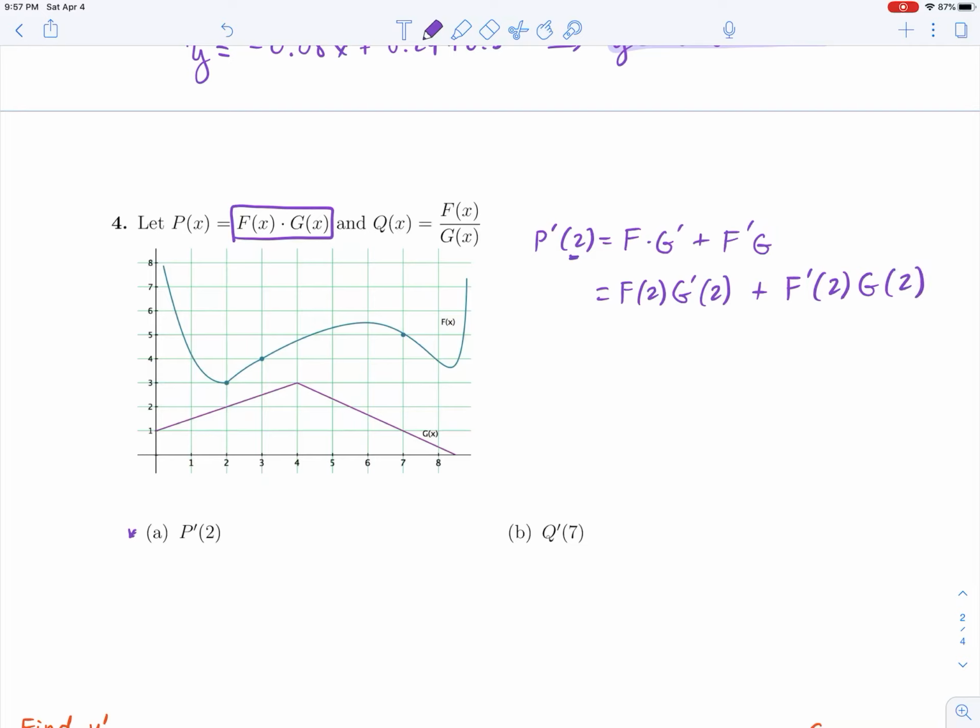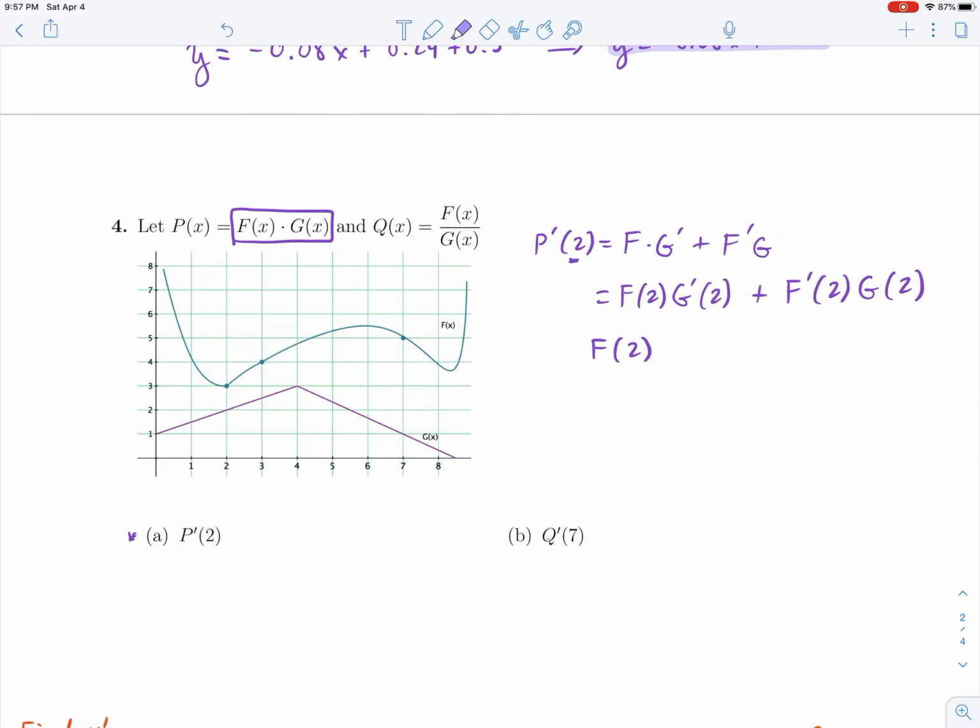Okay, so we need what all these things are. So f of 2, that one's easy. We go to where x equals 2, and we go to f, and the value is 3. The next one is g prime of 2.